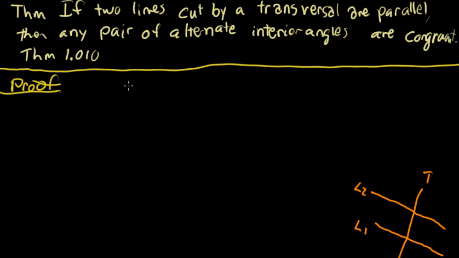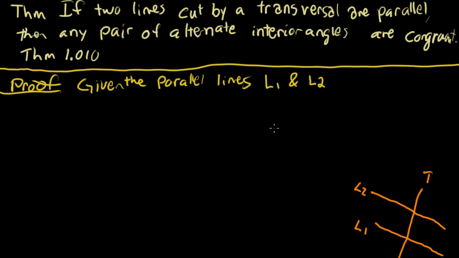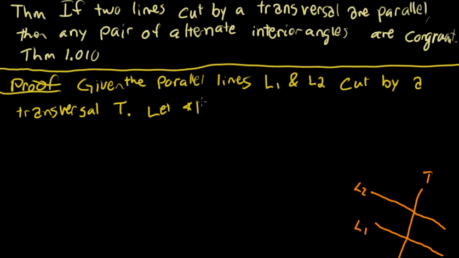Let's get started. We'll say, given the parallel lines L sub 1 and L sub 2 cut by a transversal T, we'll say let angle 1 and angle 2 be alternate interior angles.